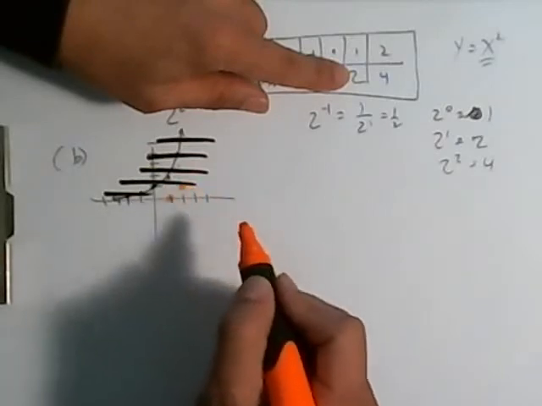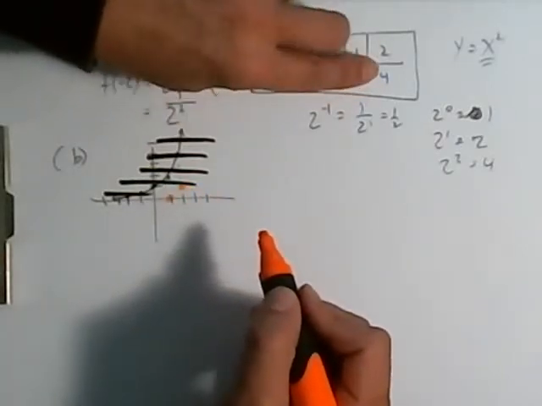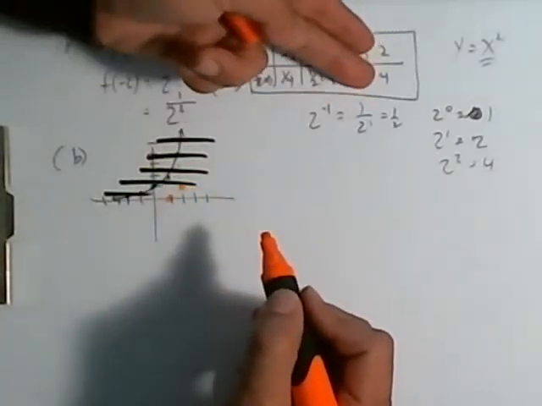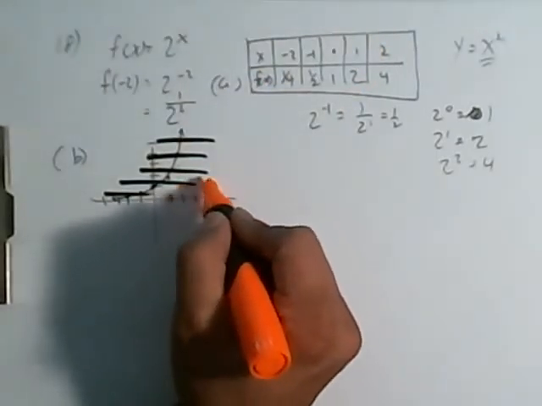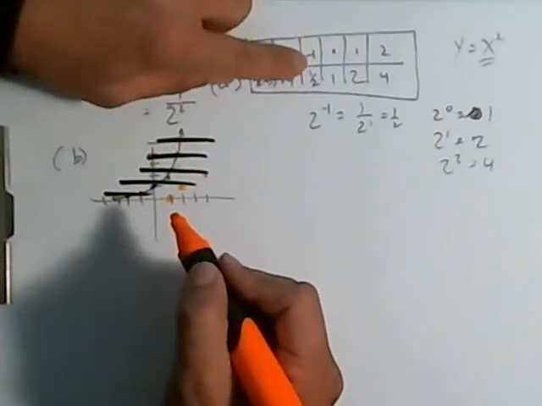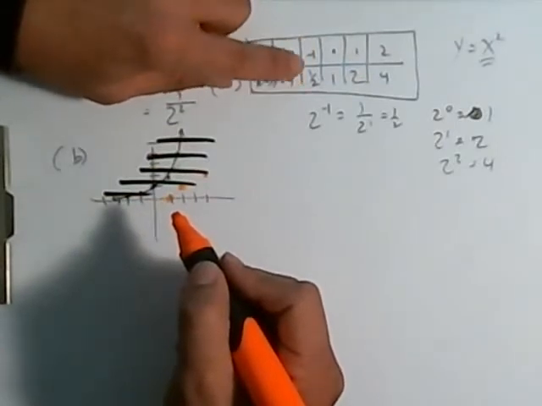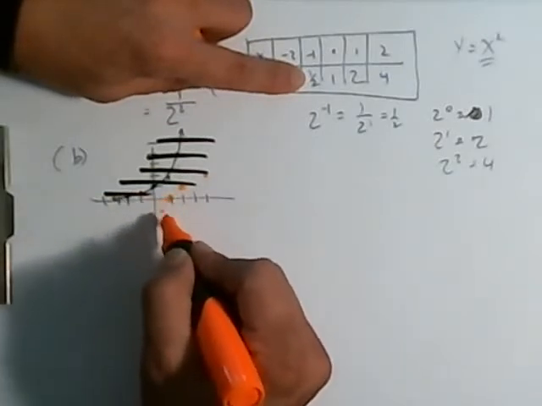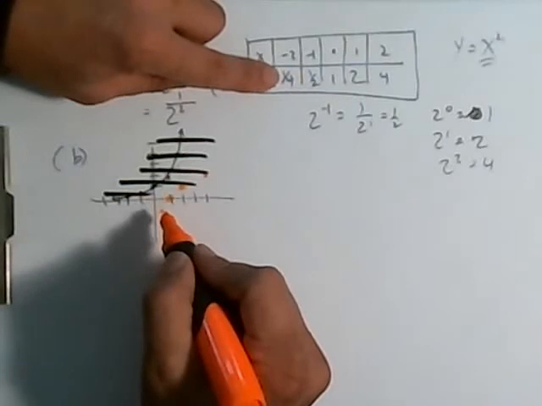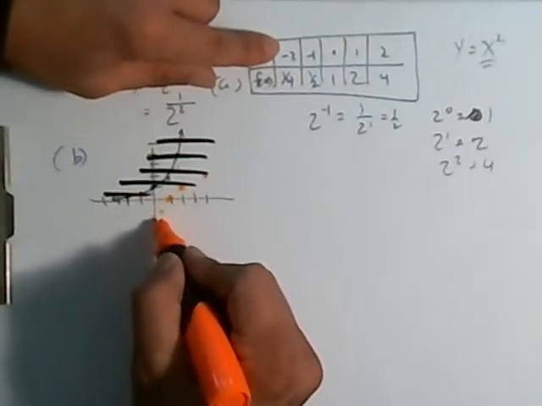And at (2, 4), you have to reverse the x and the y. That's how you do inverse functions, right? Replace the x and the y. It becomes (4, 2). And at x equals 1/2, my y value is negative 1. There it is. And then when x equals 1/4, my y value is negative 2. So here it is.